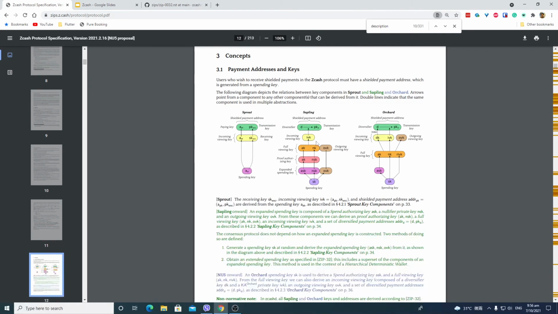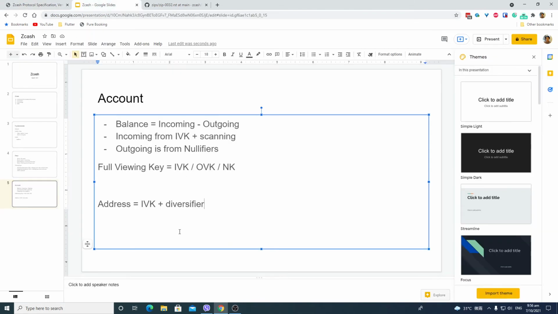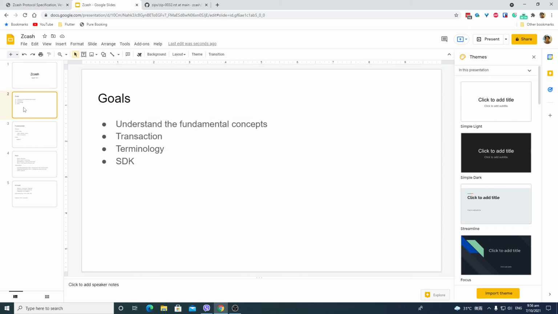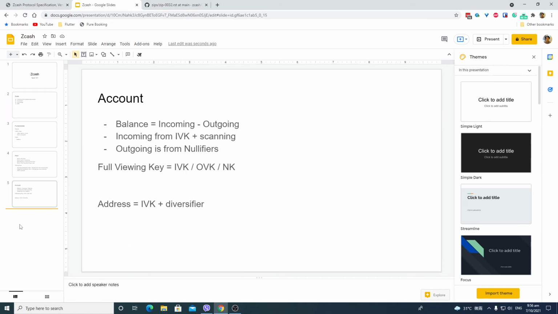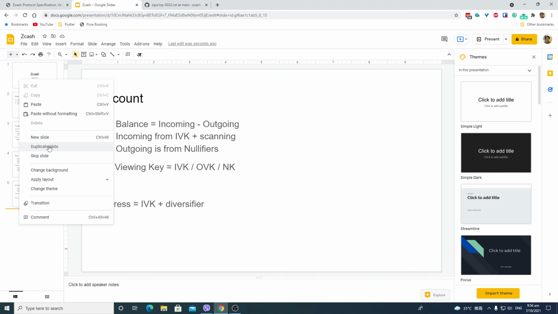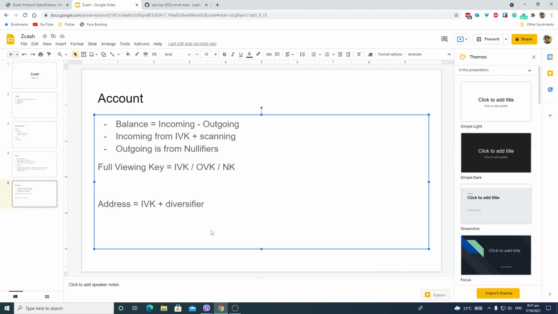So I think by now you should be able to read and have a good grasp on the meaning of all these terms here. All right, so we can go to the next topic, and I think it's actually done. Maybe the SDK. Nothing much to say at this point about the SDK, except that if we're talking about the Librustzcash one, it allows you to create transactions.